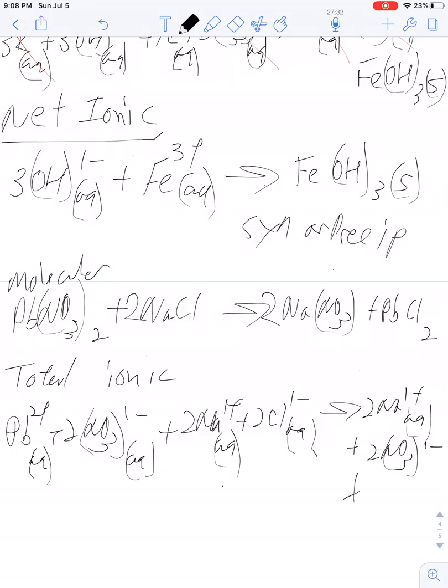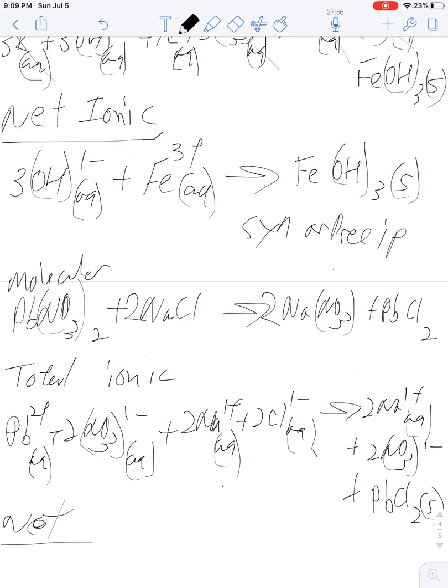And what about the lead chloride? Well, we know that all chlorides are soluble except for what I said: silver, lead, mercury, and copper 1. So that lead chloride will remain as a solid on the bottom of the beaker.